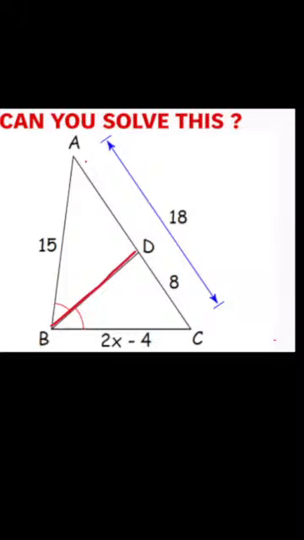Okay, we'll have the last question. Let's have the last question for today. Let's see how many of you can do that. Just give me a minute. Let's have this.